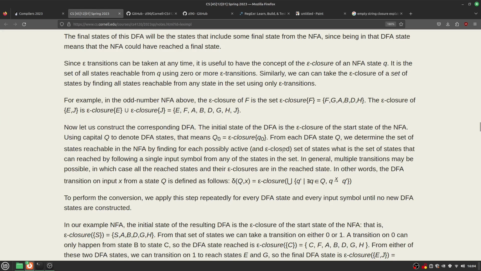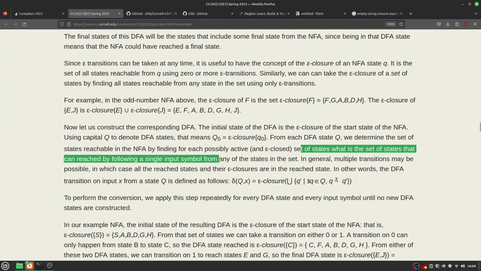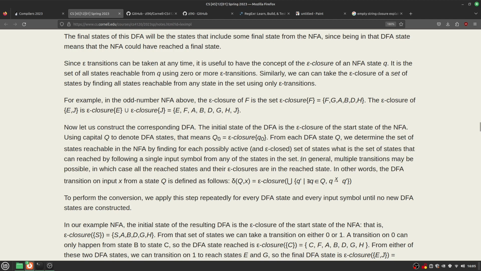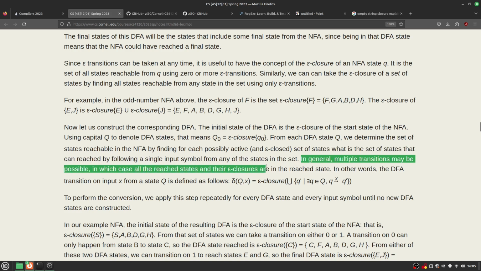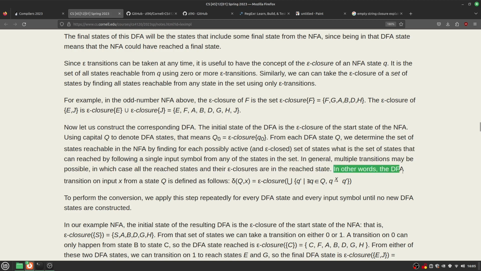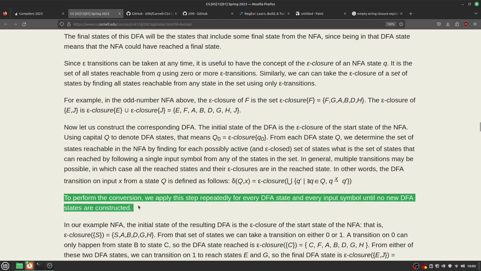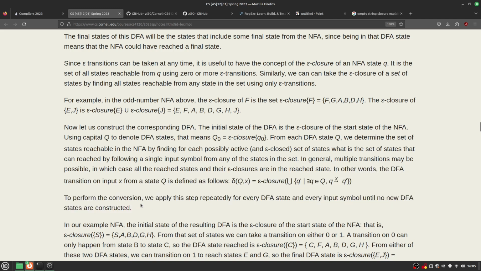Oh no, yeah. We're finding for each possibly active and empty-string-closed set of states what is a set of states that can be reached by following a single input symbol from any of the states in the set. In general, multiple transitions may be possible, in which case all the reached states and their e-closures are in the reach state. In other words, to perform the conversion, we apply this step repeatedly for every DFA state and every input symbol until no new DFA states are constructed.